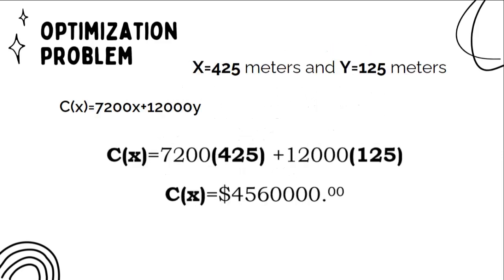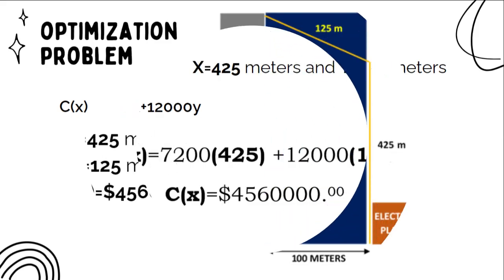Having the distance of the shore and water cable, I calculated the general cost, using the first function that we made, and I just substituted the results of the distance in the variables, and the result is 4,560,000 pesos.